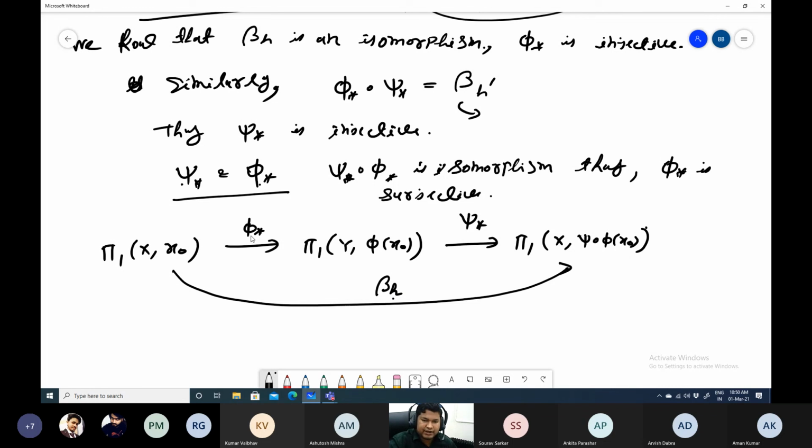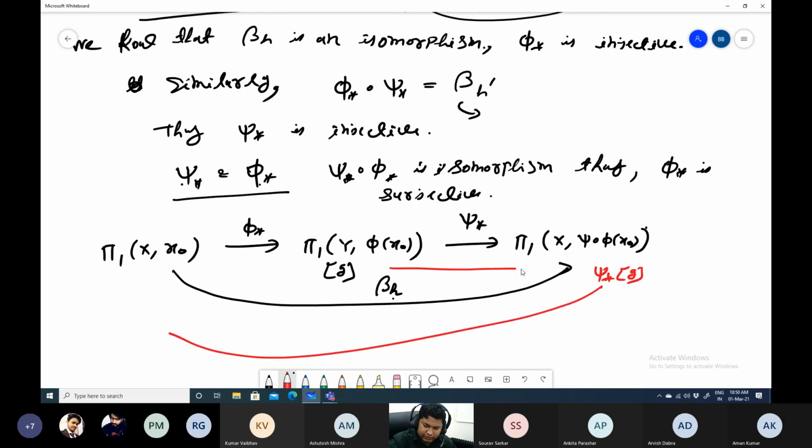Now we have to show that phi star is surjective. This is simple. Take this to be a g. Now this g goes to psi star g, and you take that preimage. Now this goes to here, beta h, but since it is an isomorphism, psi star g.